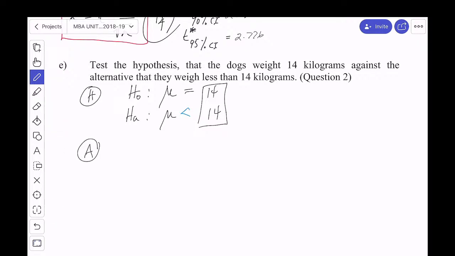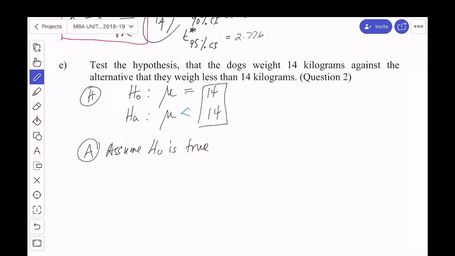Now the next step is assume. So we can't do anything because we don't know much, so we're just going to assume H naught is true. Now that means that we were given information that X is approximately normal, right? The weight of dogs.